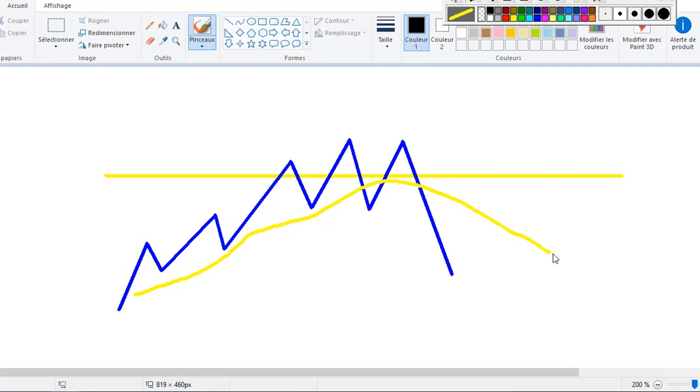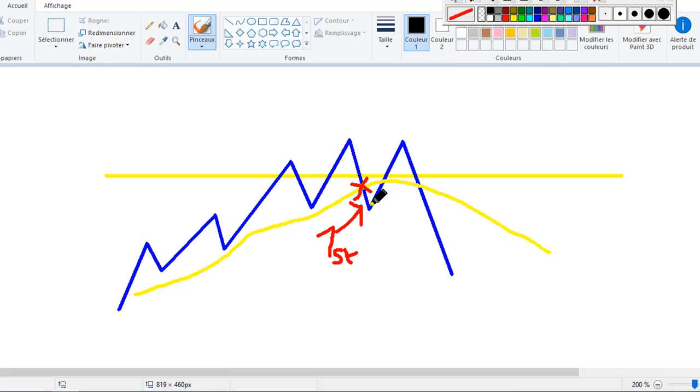So what we want to see, to confirm the first leg, is the price breaking the 13 EMA and closing below it, if it's an uptrend like that, to play for a sell. And this will confirm that this is our first leg here.